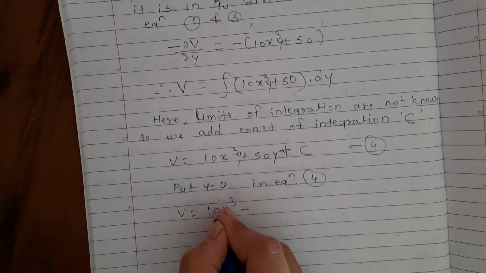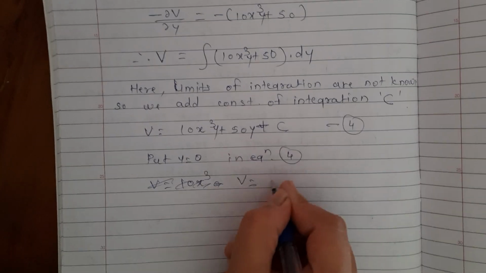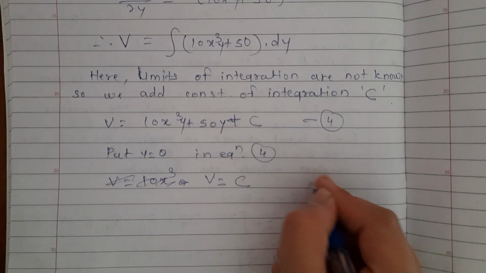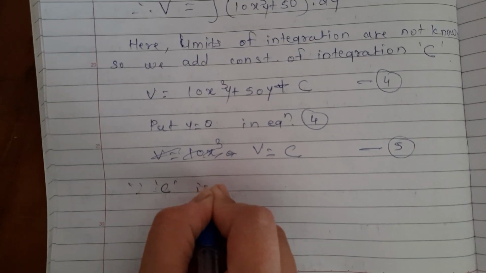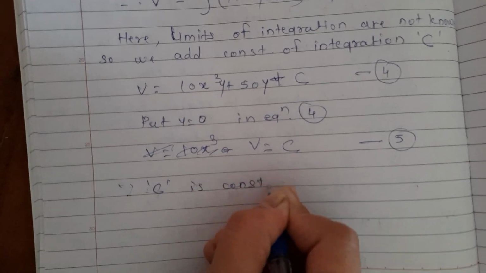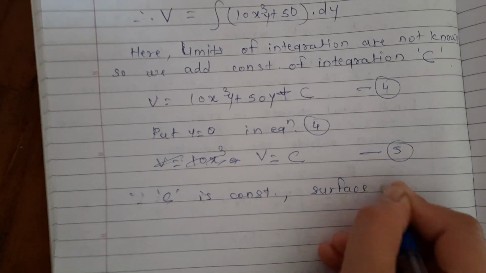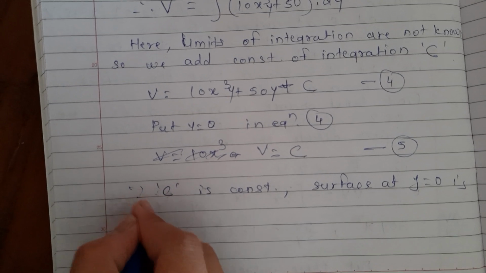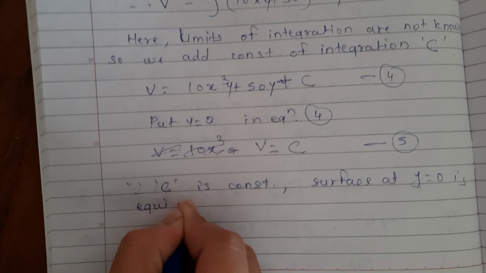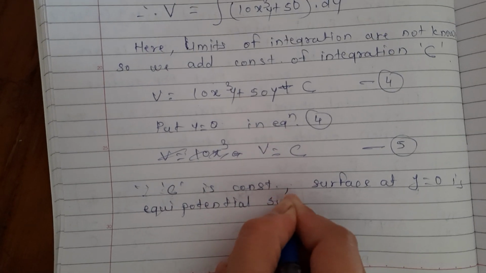So when y is equal to 0, the equation is V is equal to c. So this is equation 5. Since c is constant, the surface at y is equal to 0 is an equipotential surface.